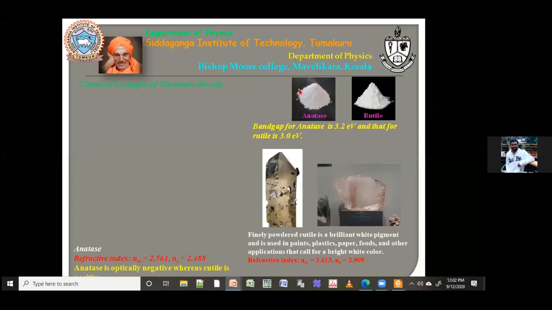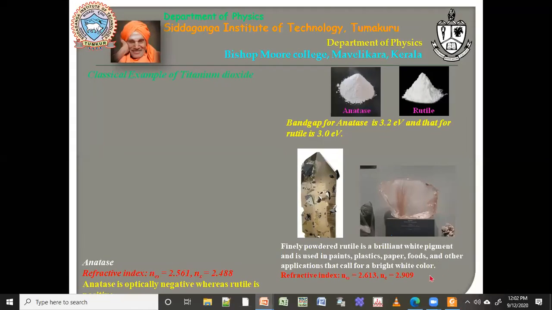Most of them work with either the anatase or rutile form, because they will be looking for some kind of physical properties. If you take just anatase or rutile and see the physical appearance, they look almost the same, almost white or maybe a little bit yellowish.